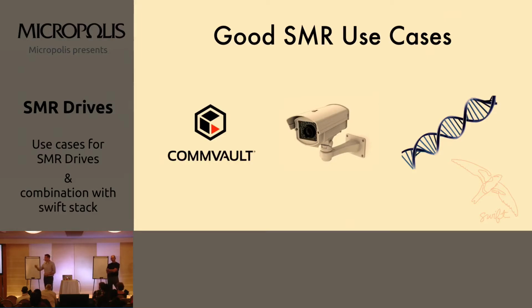Then as you gradually buy the SMR drives, you can put those into that storage policy alone. Then for any data that's written to that storage policy, you just make sure that the applications writing into it are the ones doing the large files, not a lot of overwrites, doing the big files.